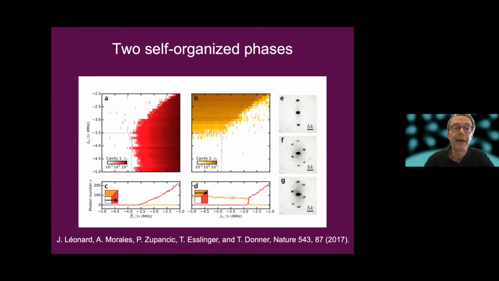You have the cavity detuning of cavity 1 as the x-axis, and on the y-axis the cavity detuning of the second cavity. And why the cavity detunings? If I change the cavity detuning, I can change the atom-light coupling. So I have a continuous parameter with which I can change the atom-light coupling.